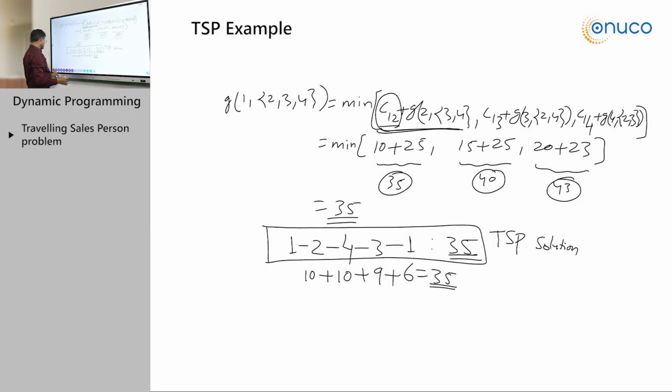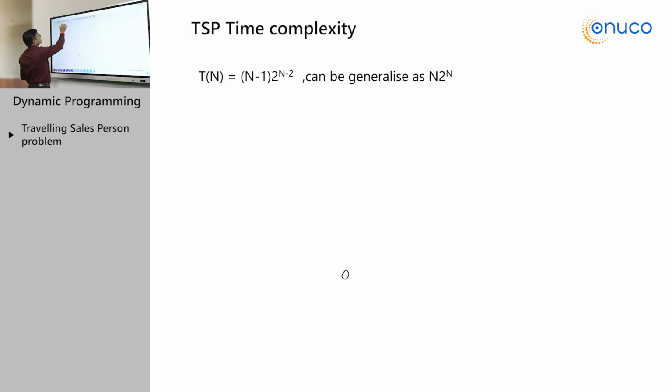Alright, the time complexity is n minus 1 times 2 to the power n minus 2. It can be generalized as n into 2 to the power n. In asymptotic notations, we have learned that if values are nearby, we simplify them into the general values. 2 to the power n is the total number of subsets, and n minus 1 is the total number of iterations.